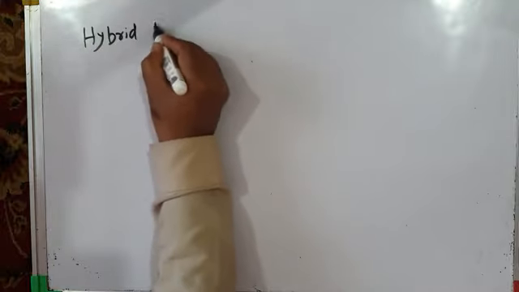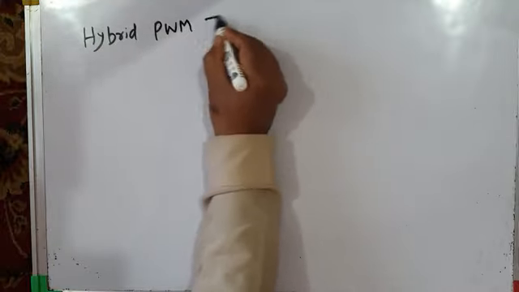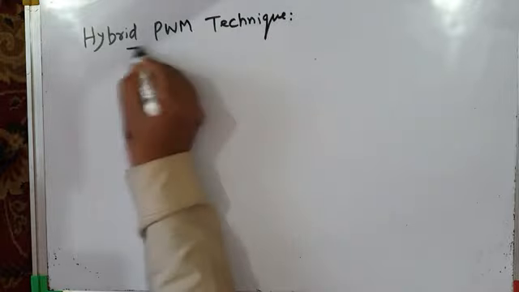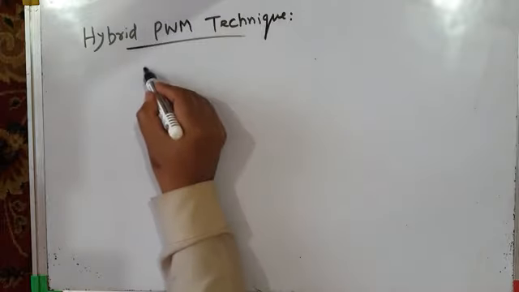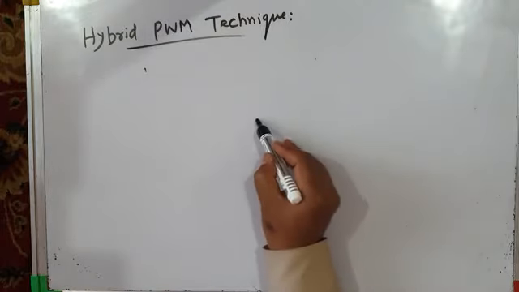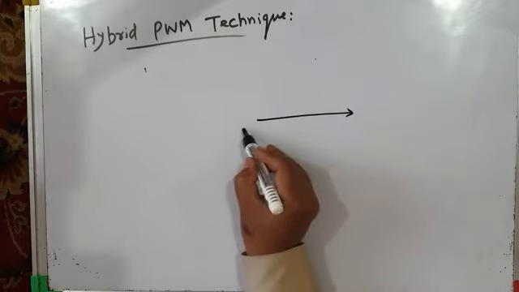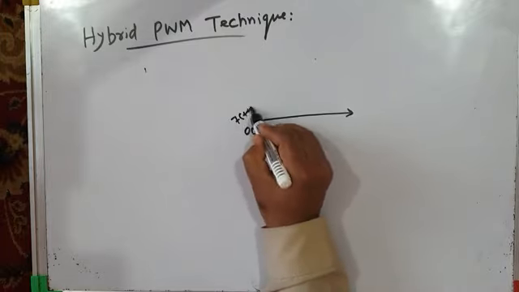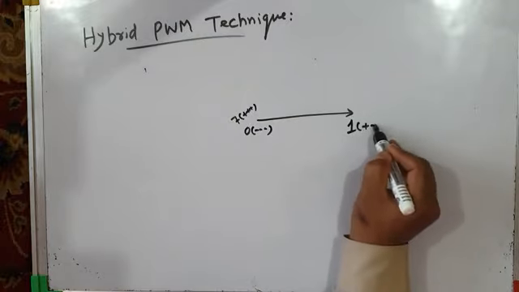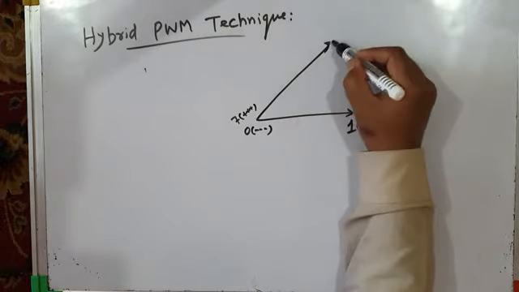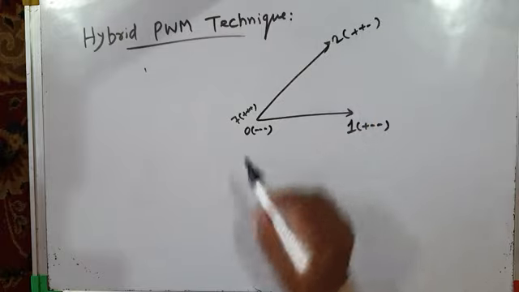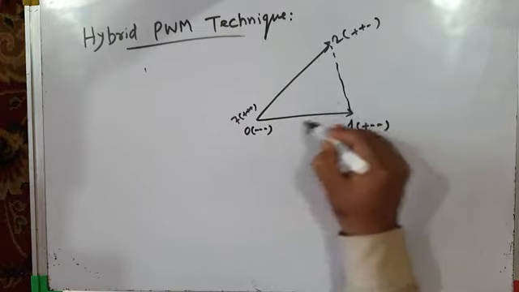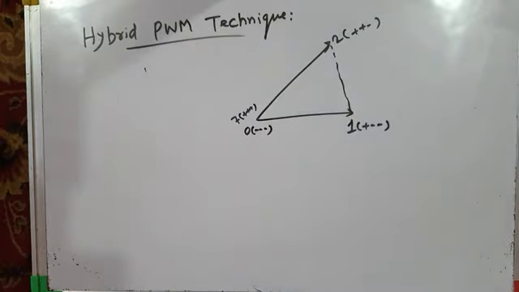Hybrid pulse width modulation techniques, or hybrid PWM techniques. So what we are doing is that let us take sector 1, this is your null vector 0, null vector 7, active vector 1, active vector 2. Our reference vector is somewhere here, maybe somewhere within this circle.